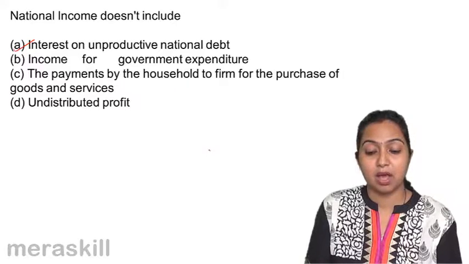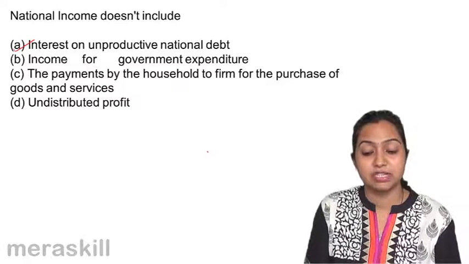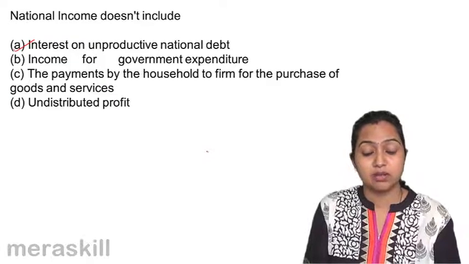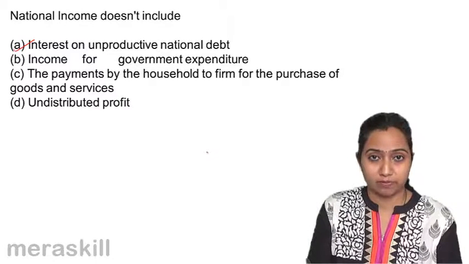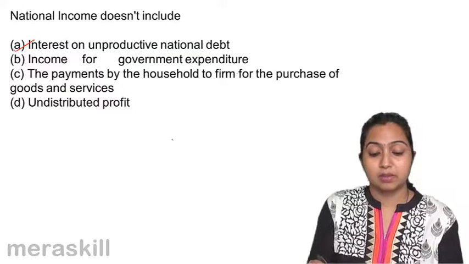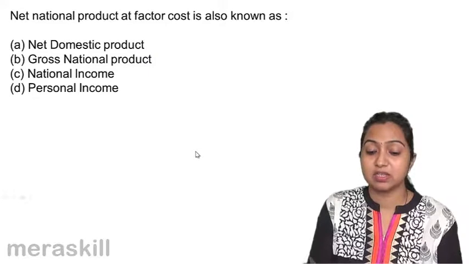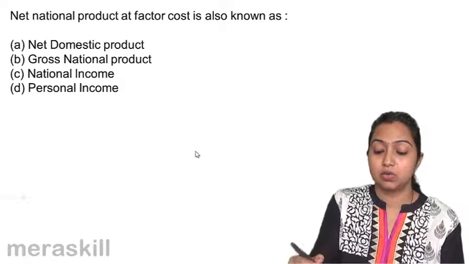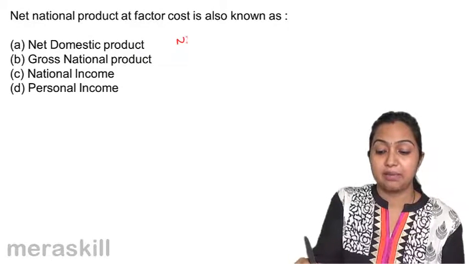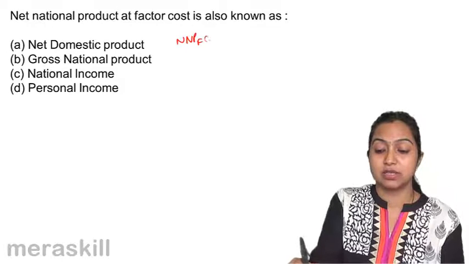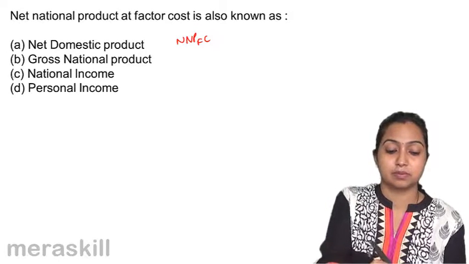The rest of them are part of national income: the government expenditure, the income that a household receives, and the undistributed profits. Net national product at factor cost is also known as, you know this very well, the national income.